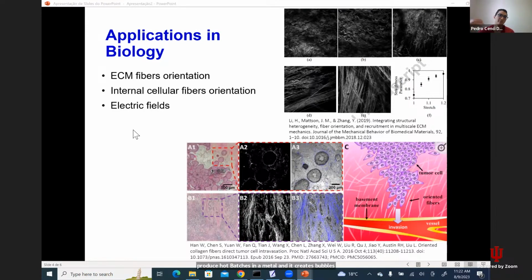So what if he applies an electric field in this metal while he is bombarding this metal with ions? What type of structure could he get, right? So he could use electric fields or magnetic fields, and he would model it as vector fields rather than chemical scalar fields, right?